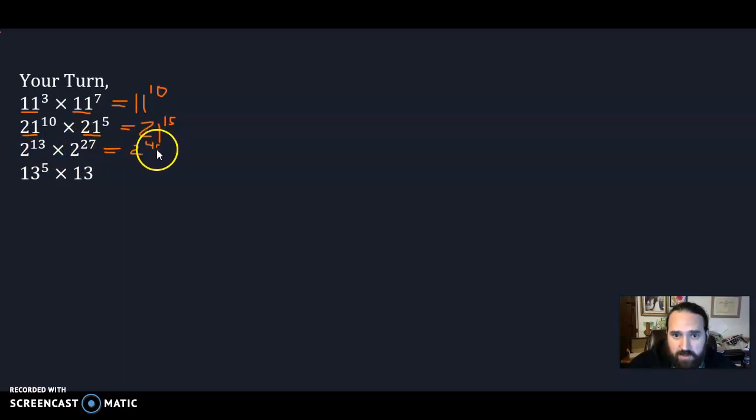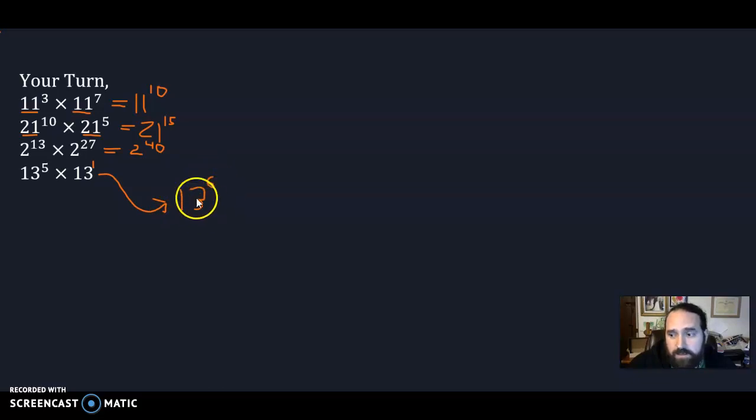I will use a little more space for future problems because this is getting pretty crammed. A lot of people were oopsing today because they forgot that 13 with no exponent has an exponent of 1.